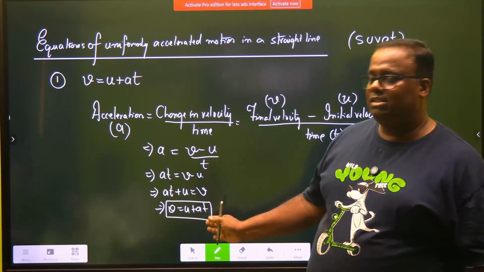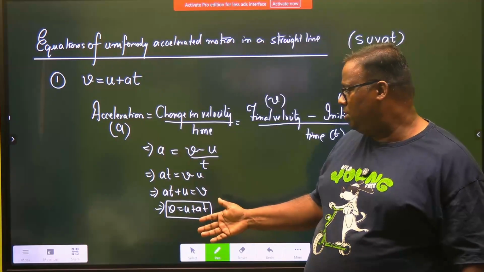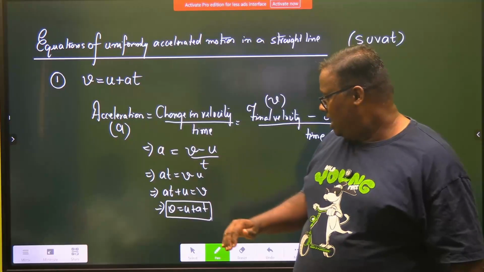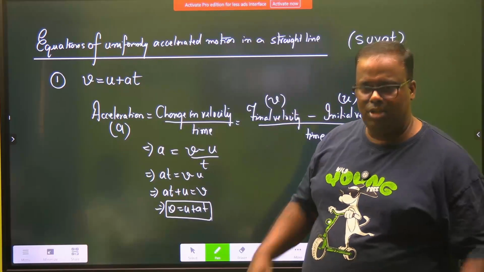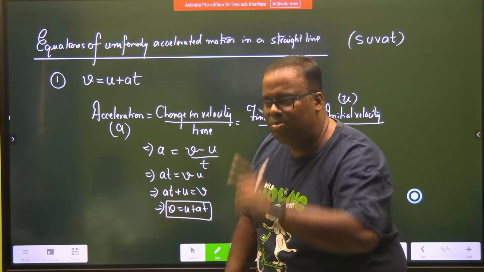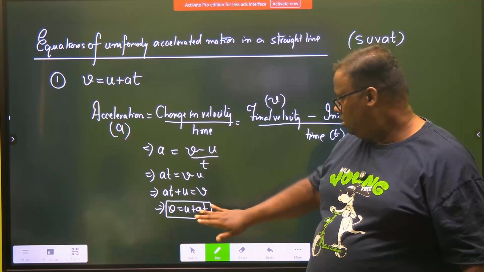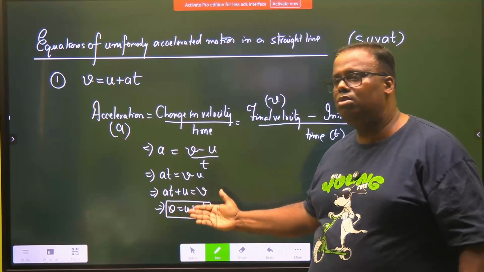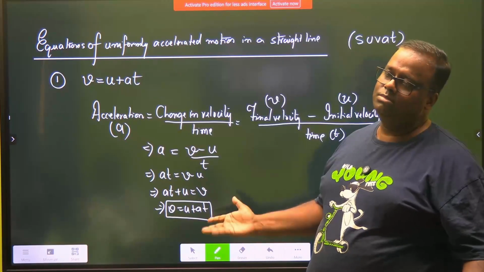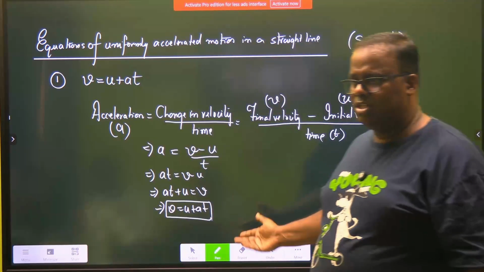This equation is again the same as when we study slope in mathematics. Look, if there was no acceleration, would there have been a change in velocity? No acceleration means make a zero, so this portion disappears. V is equal to u, meaning the body is going at the initial velocity.